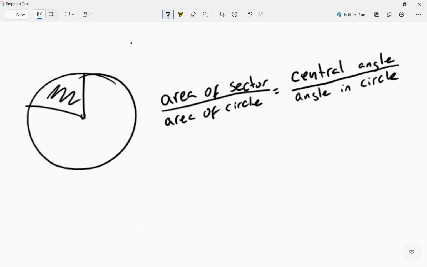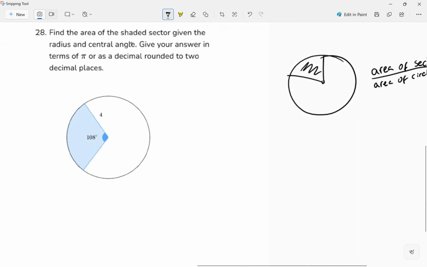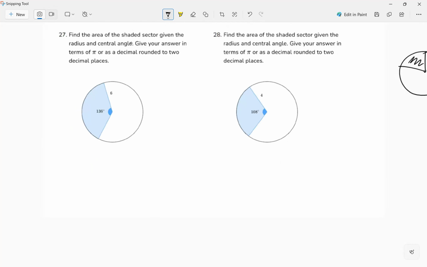We know the angle of a circle is 360, so that number is basically given. Notice the sector area is smaller than the whole circle, right? So having that said, let's take a look at number 27.